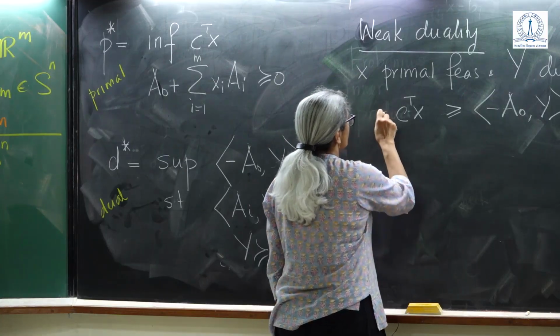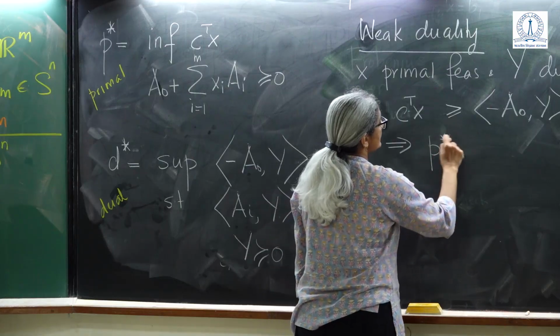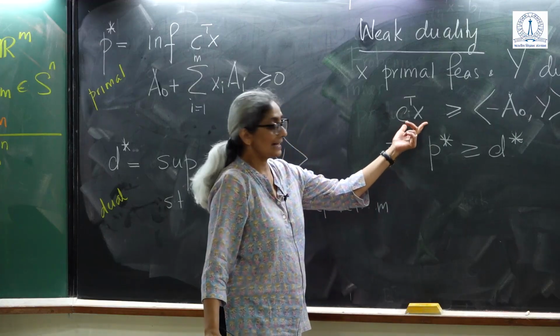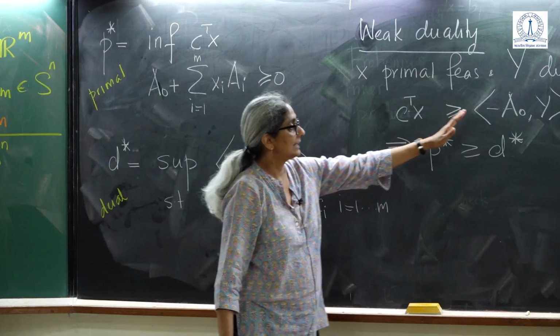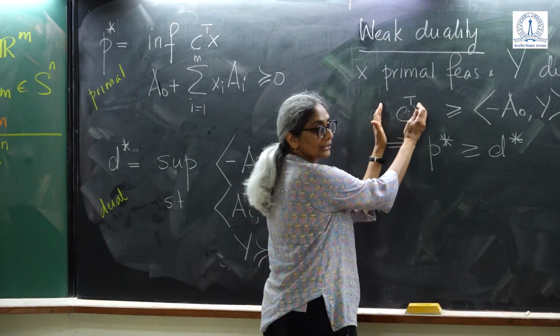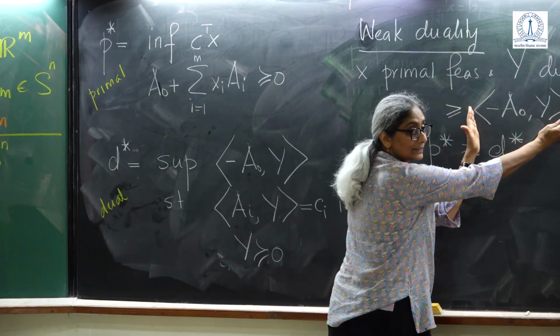So this implies in particular that P star is greater or equal to D star. Do you agree with that? Because for any x, this is true. So the lowest value of this is going to be greater or equal to the biggest value of this, right?